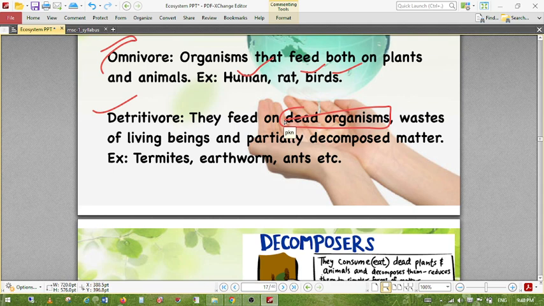If there is no deer, then what happens? For example, in a grassland ecosystem, if there is no deer or no herbivore present, the grasses can become overpopulated and competition occurs.